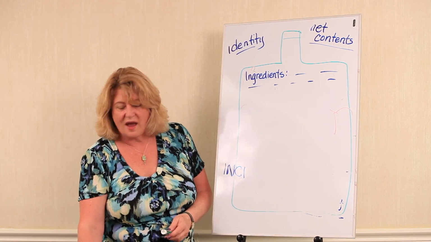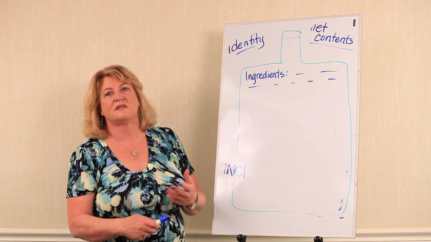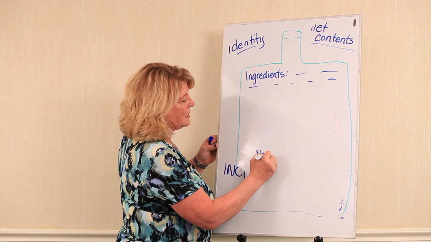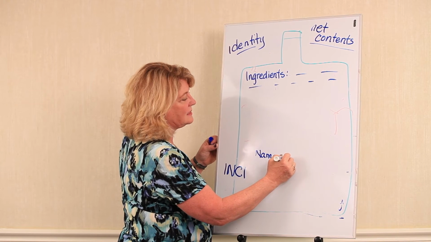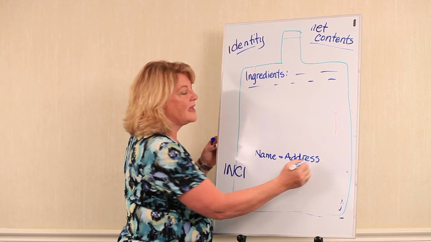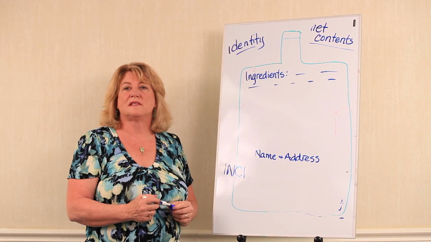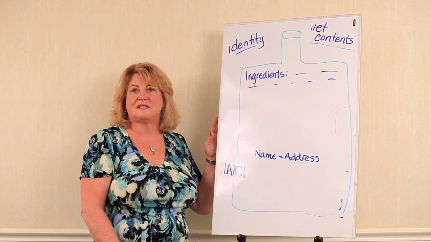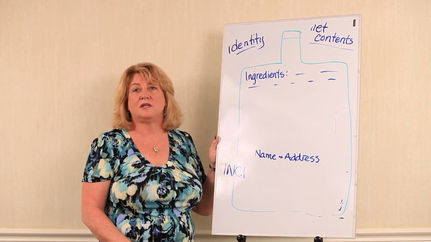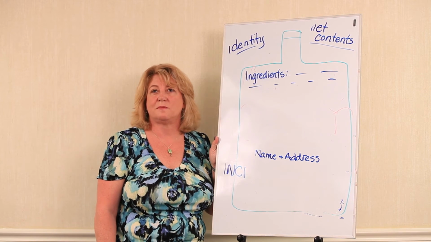And the other thing you have to have on the back or the side or the bottom is the name and address. And that's the name and address of the responsible party. So it would be the business name. It would be the street address, has to be included, along with the city, state, and zip code.